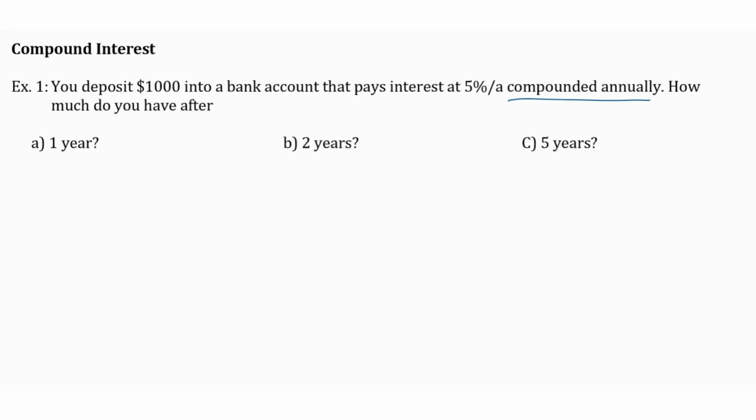So the first thing we have to do is come up with our equation. So we're going to do that first. And to do that, we list out all of the variables. Like that.